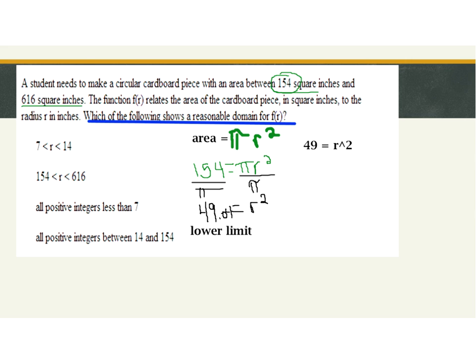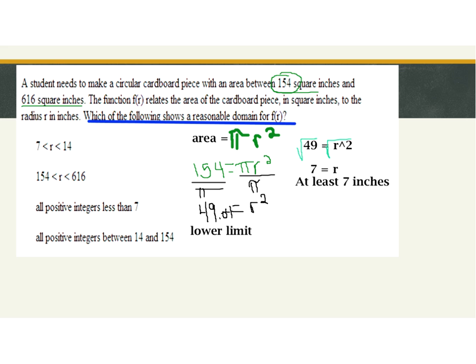You take the square root of both sides, and you get 7 equals r. So your lower limit would be 7. So at least 7 inches.